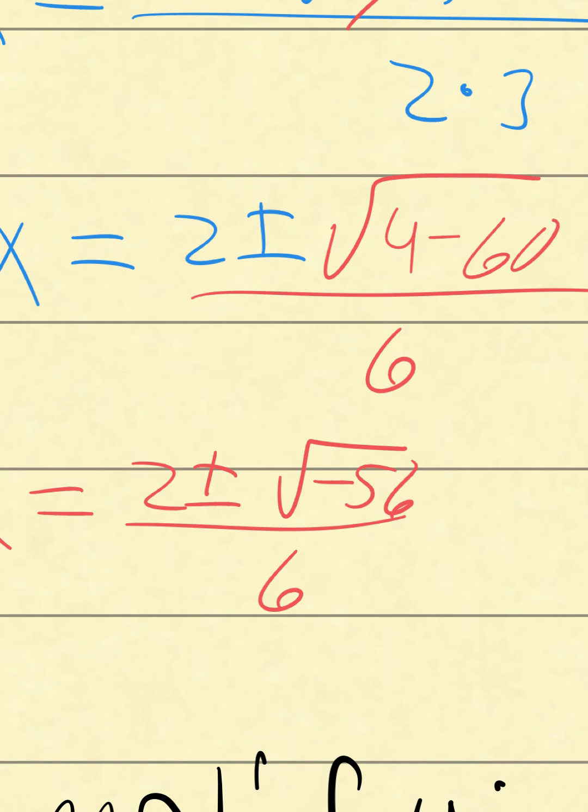Good, right? You want to take out an i. This section is also covered on the test, so don't forget, i's are possible in these problems. We get i square root of 56. Now let's simplify the square root of 56. Are there any perfect squares that are factors?